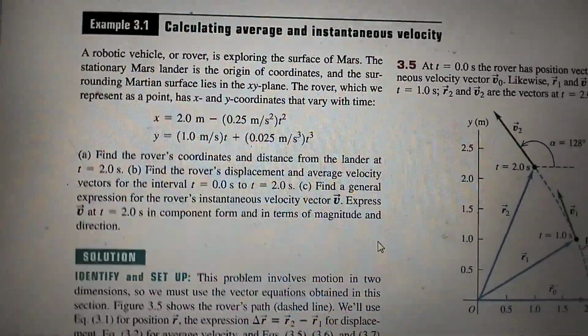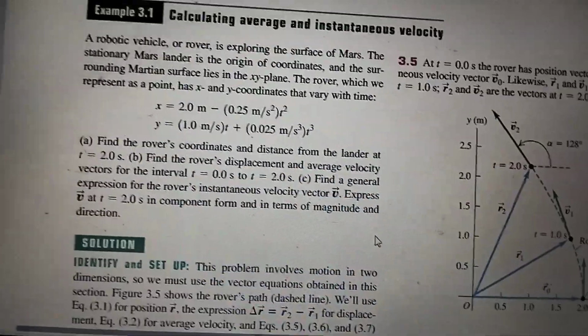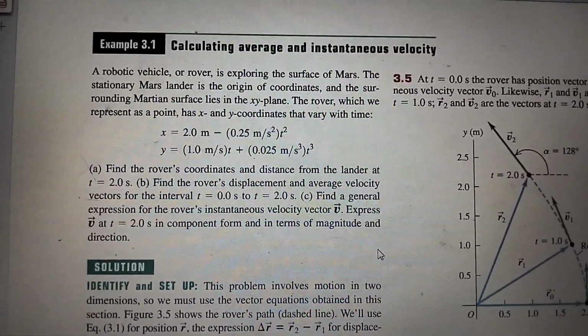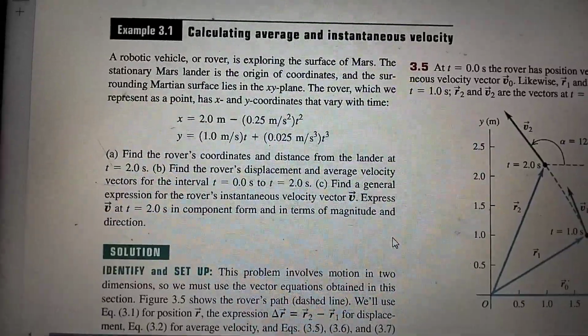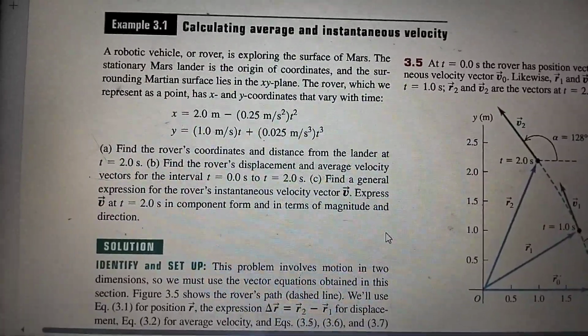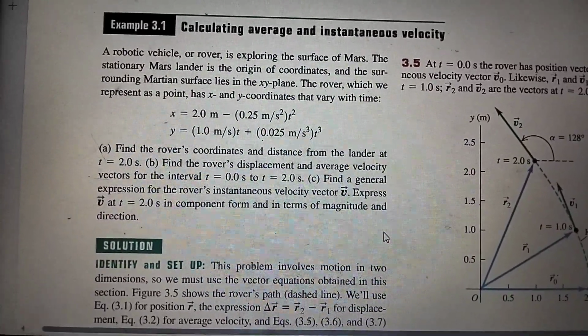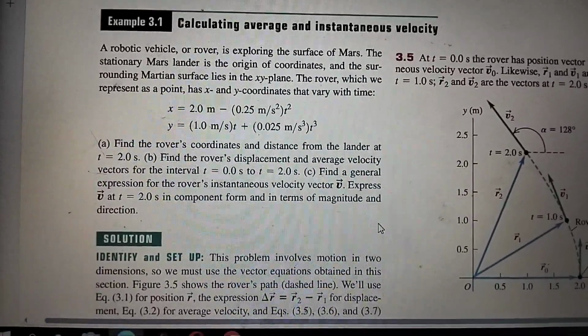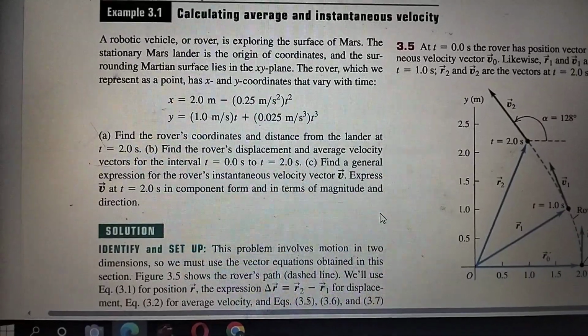So, a robotic vehicle or rover is exploring the surface of Mars. The stationary Mars lander is the origin of coordinates, and the surrounding Martian surface lies in the xy plane. The rover, which we represent as a point, has x and y coordinates with time.